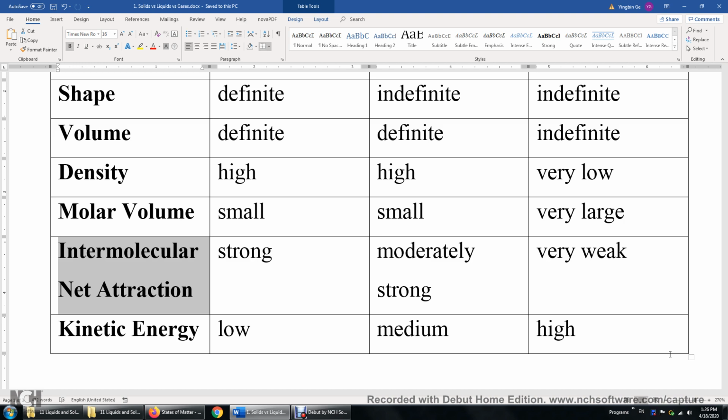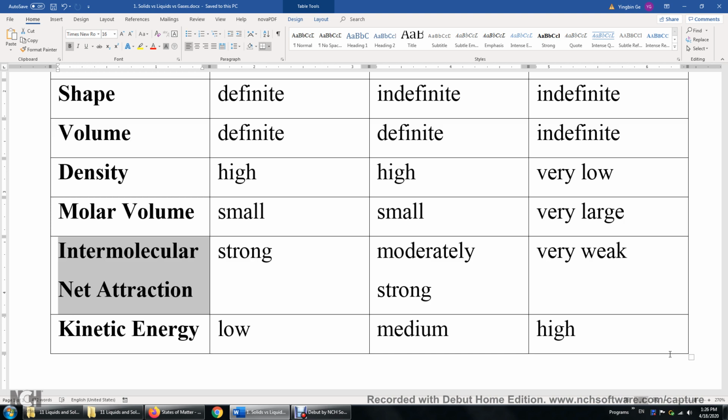Therefore, both attraction and repulsion exist between two helium atoms or any other molecules or atoms. Usually, the attraction is greater than the repulsion. Overall, between gas, liquid, or solid molecules, there is a net attraction.